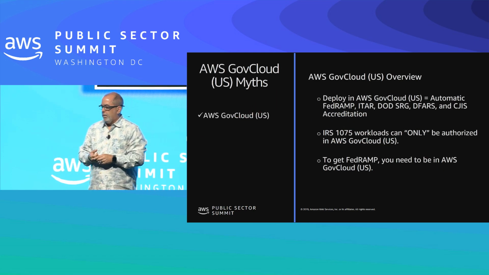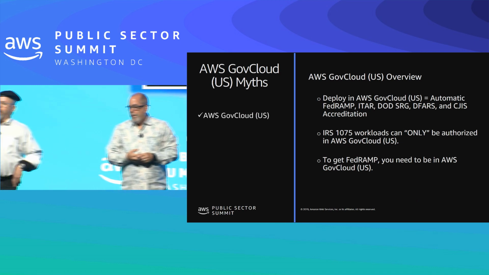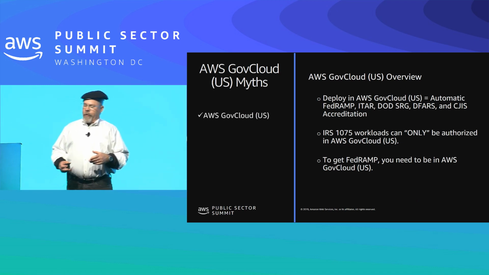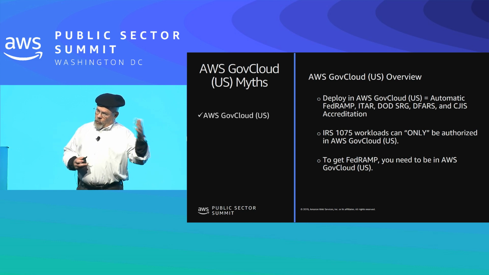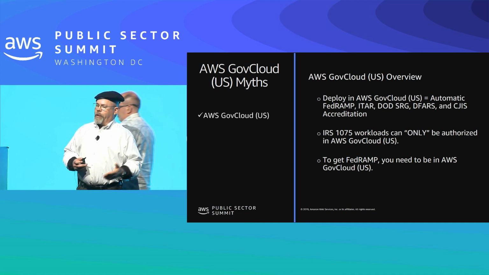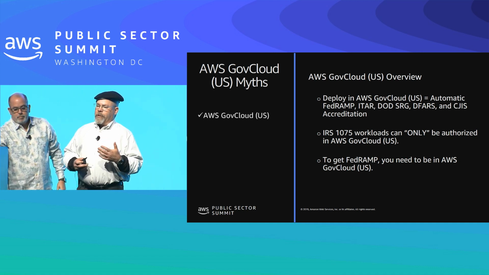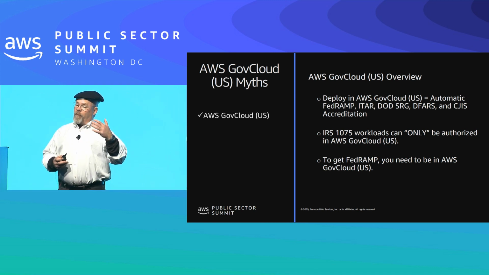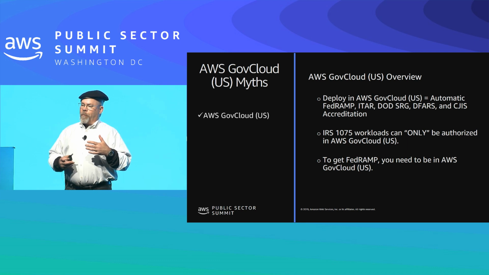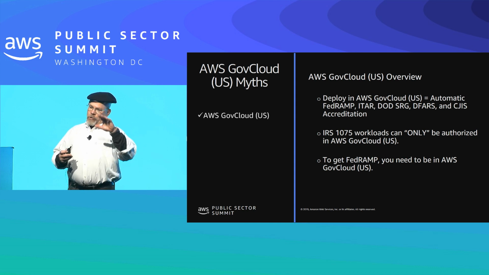Next slide. So just GovCloud itself, as we're going down that path, there's a lot of misconceptions about GovCloud, and we want to dispel some of those things. As Tim originally said, just because you're in GovCloud doesn't mean your service is accredited. Most agencies have requirements for software to be FedRAMP, but if your application is managed by you in your own virtual private cloud, FedRAMP doesn't apply to your application.